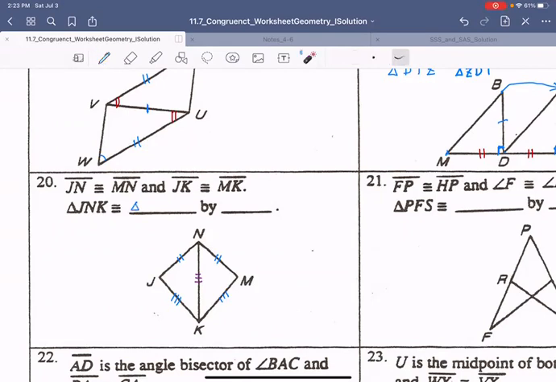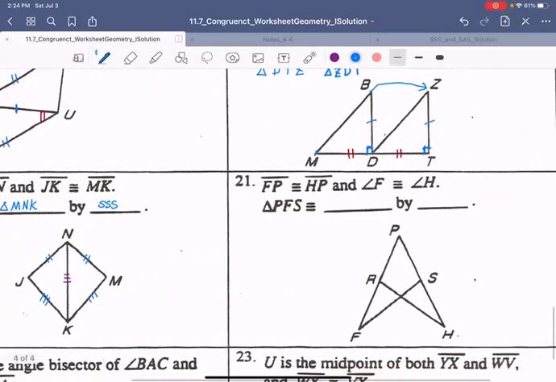So you said J and K is congruent to what? M and K. Very good. SSS. Okay. 21.